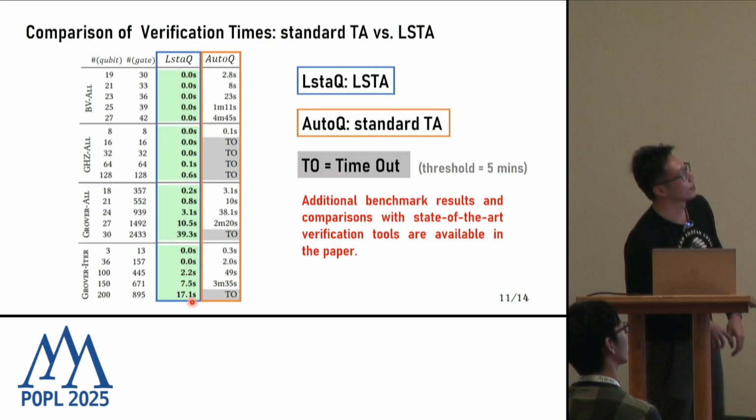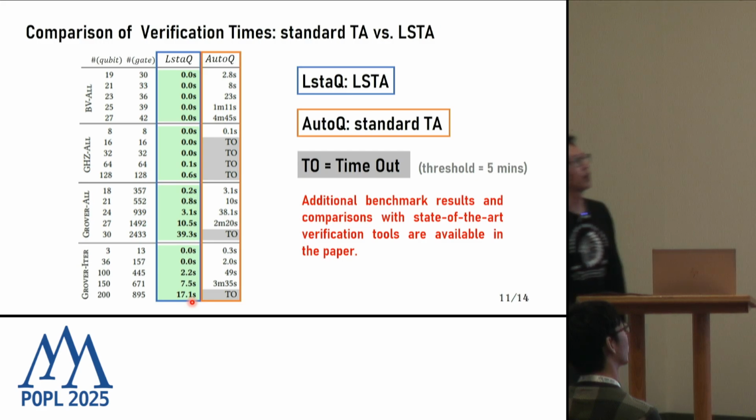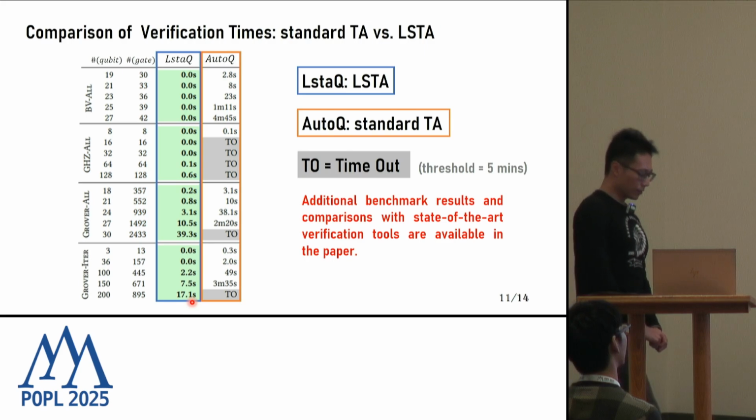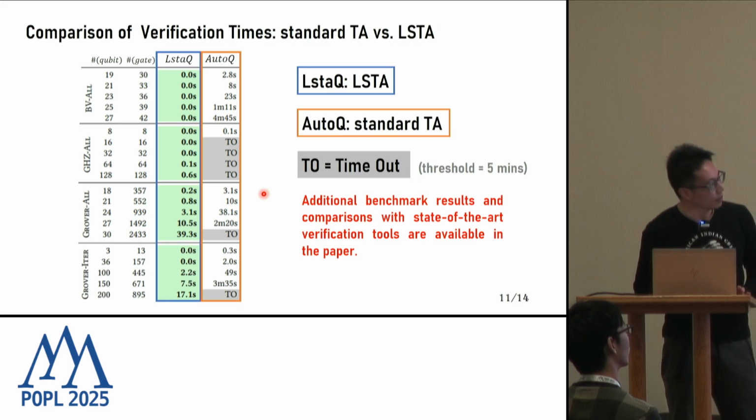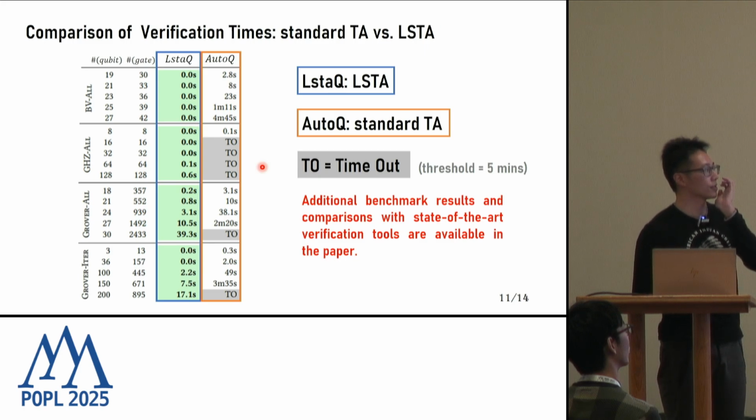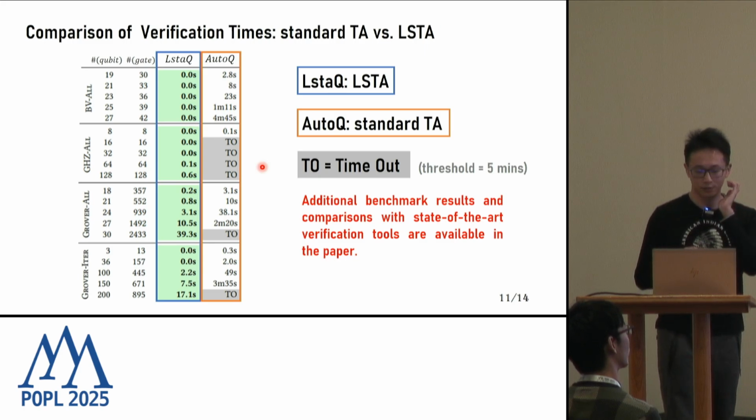And here is the verification time comparison between standard TA and LSTA. The difference is obvious. As you can see, for some cases that time out for standard TA, LSTA verifies the circuits within a second.